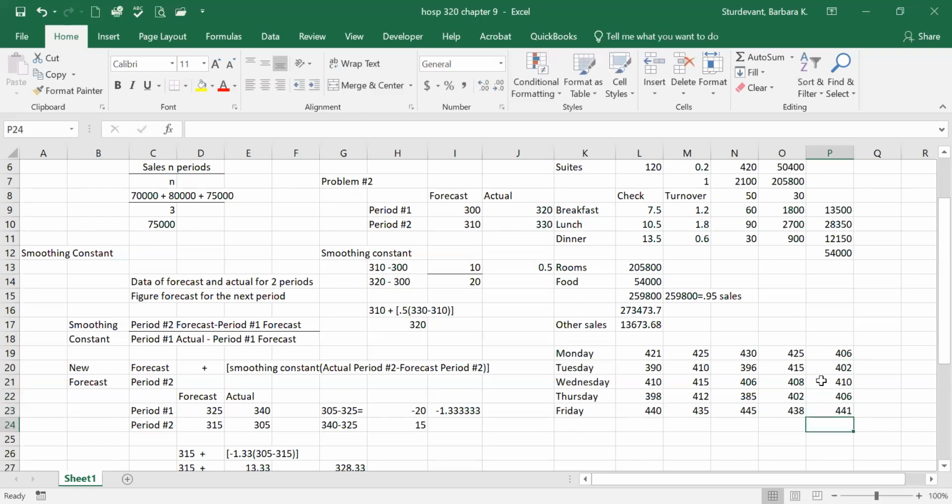Okay. So your first thing was to just do a 5-week average. And that's all you're doing. So with the 5-week average, you're going to use all of it.